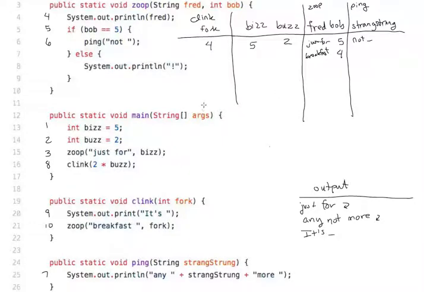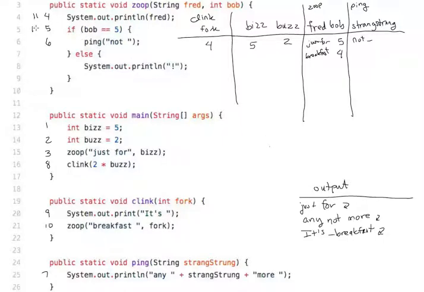Okay, now I'm in the second time through Zoop, and I'm at step 11, where I print out Fred, which is breakfast. And then it looks like I print that with a new line.